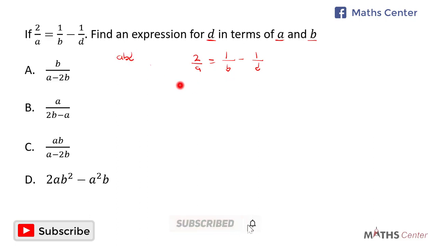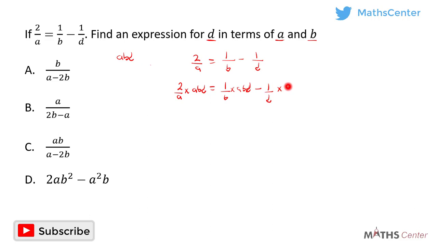So the first one will be 2 divided by A times ABD is equal to 1 divided by B times ABD minus 1 divided by D times ABD.